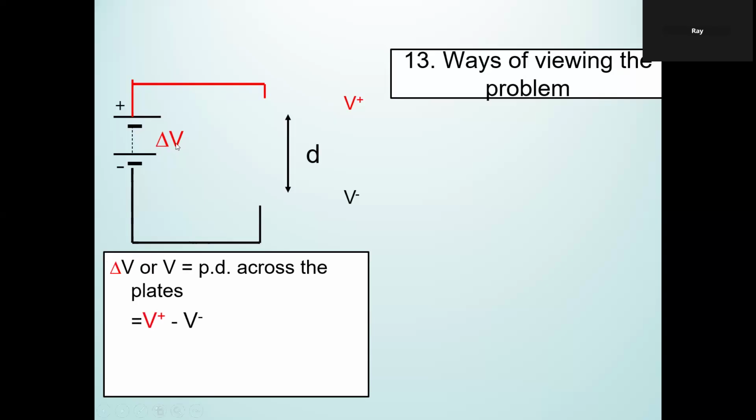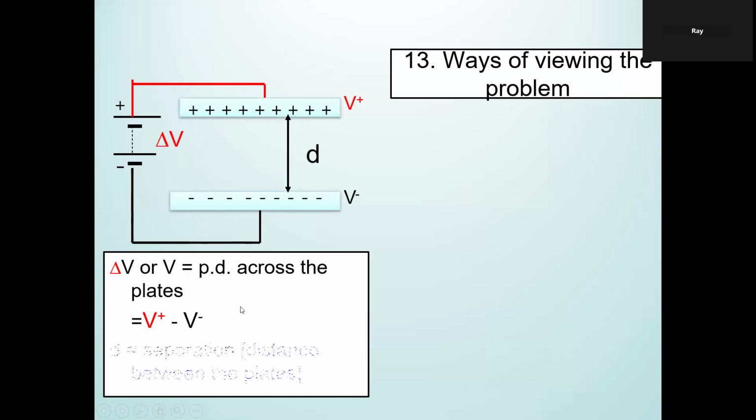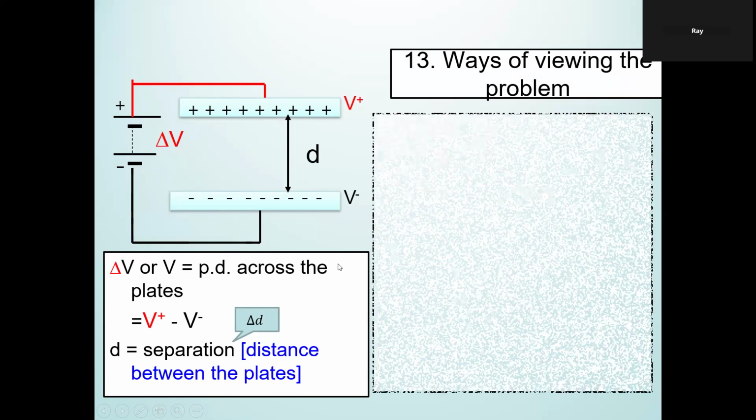Right? So we can use delta V or V as the potential across the plates. So it's the potential of the positive plate minus the potential of the negative plate. D is the separation. Right? Your syllabus uses delta d. It doesn't matter the symbol used, as long as you know what the meaning is.